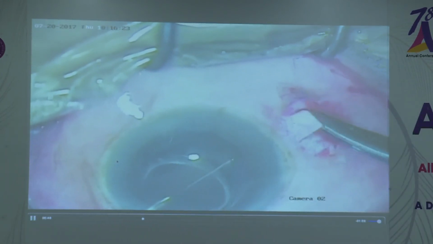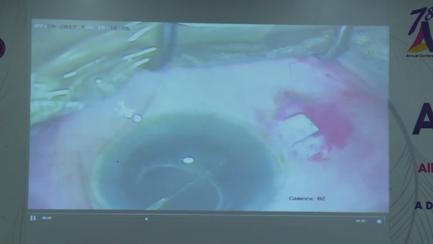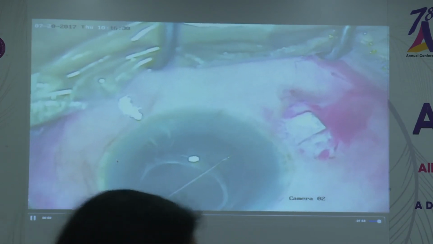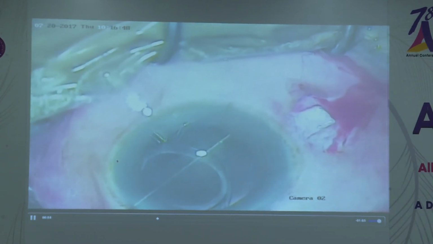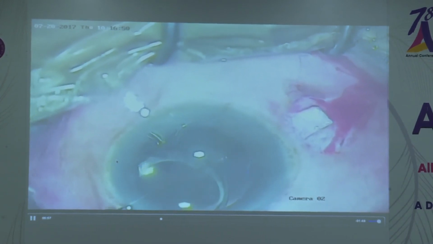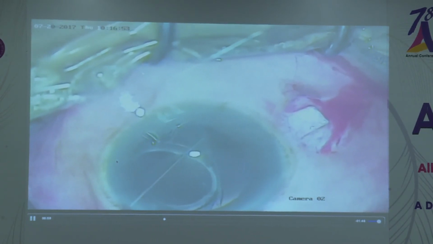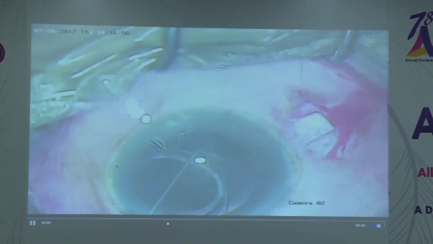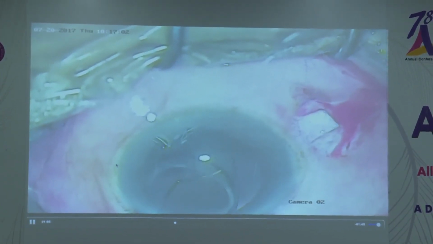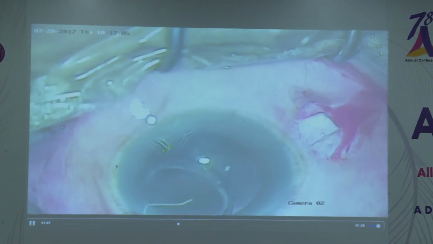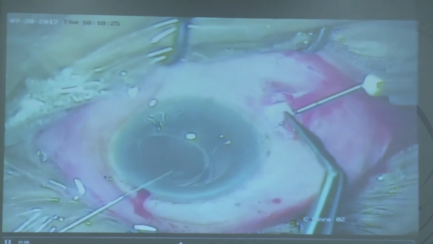One mistake I made in this case was that I had bent the Prolene needle twice, and then you cannot maneuver it very well. So we had to rotate the needle once and very gently pull it out. Otherwise, in these cases the capsules are well fibrosed and the chances of it giving way are very, very low.